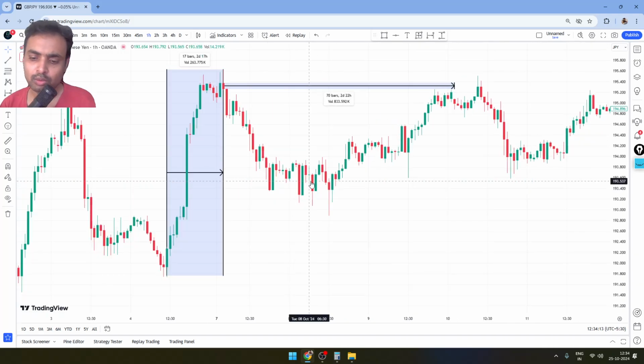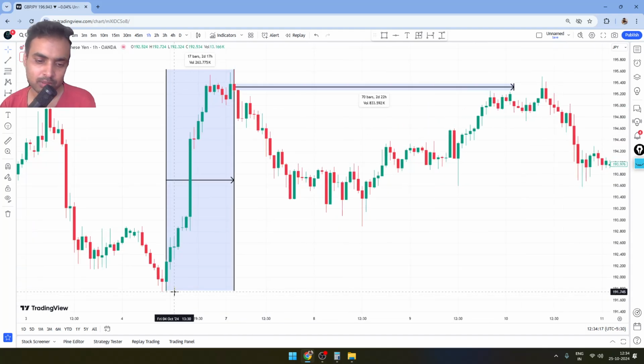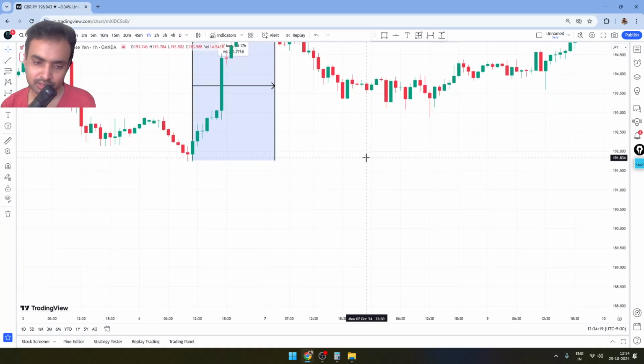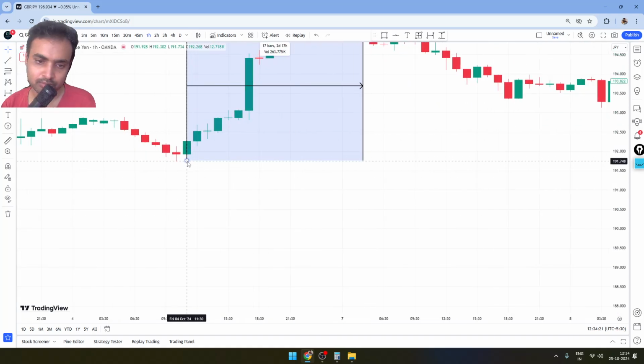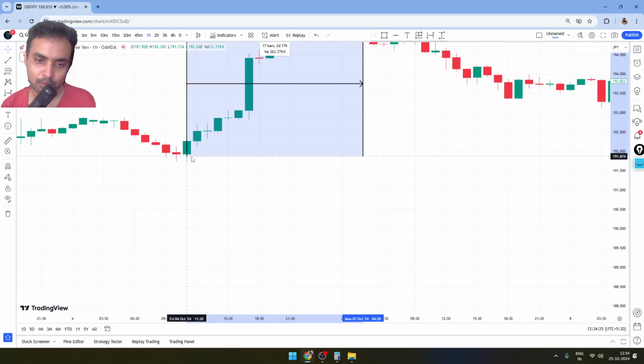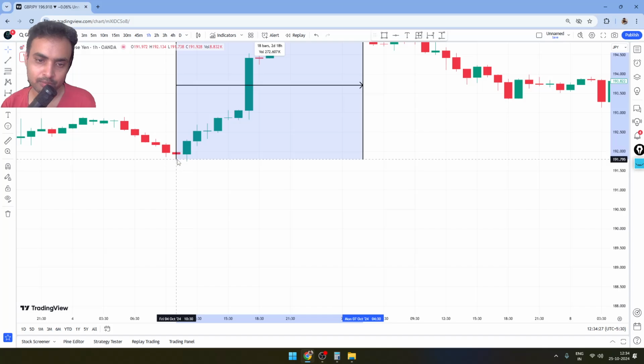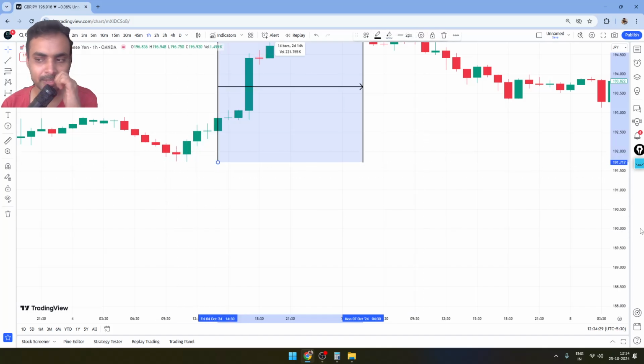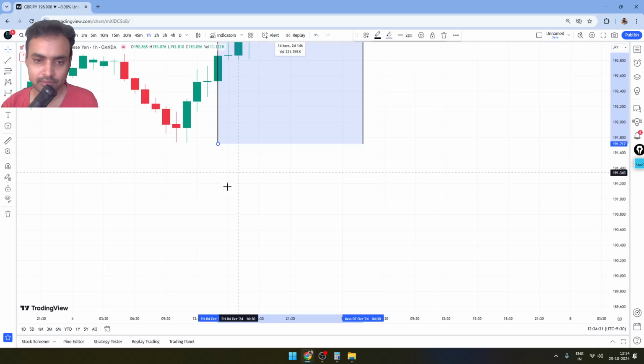Now you can do one more thing. Okay, one moment, let me check. It's a proper low. No, this is not a proper low. Actually, this is the proper low. Let's measure the price difference. What is this low? 191.738.